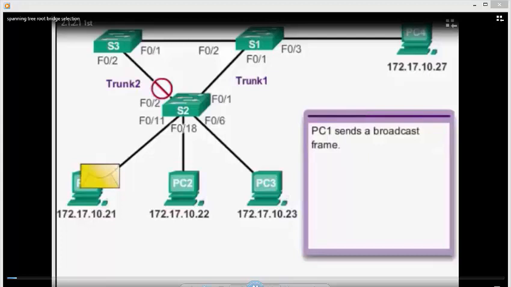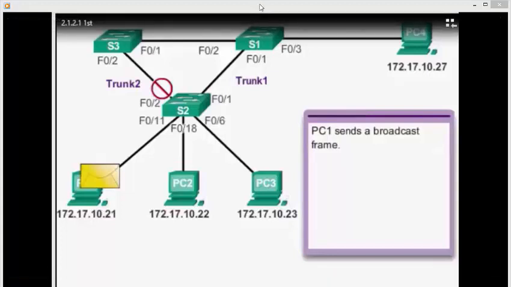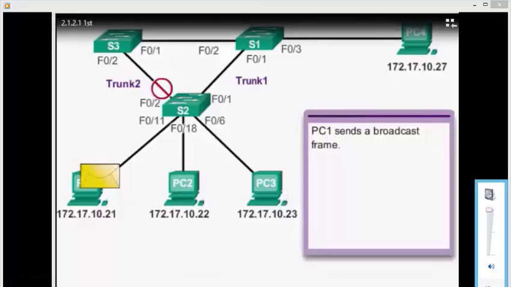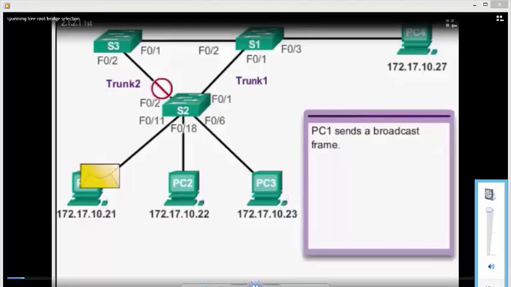In a redundant network, a single point of failure may be a switch failure or a cable failure. Usually at the network distribution layer, you need multiple switches to minimize the chances of failure.